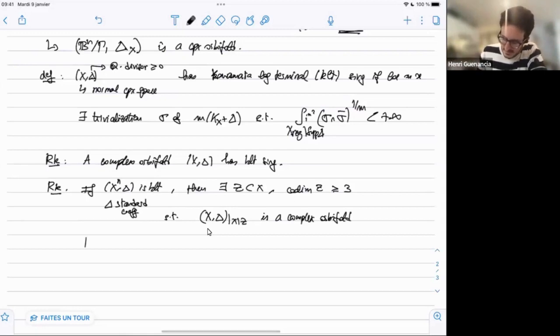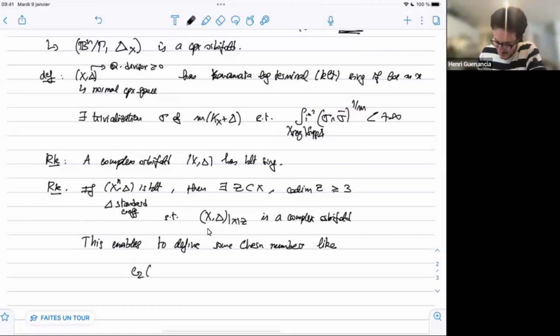This enables us to define some Chern numbers like C2 of X delta against H^(n-2), in the projective case, right? So H is an ample line bundle, or any line bundle really.